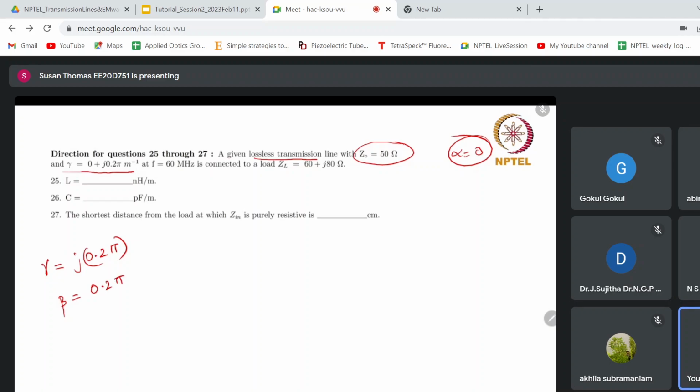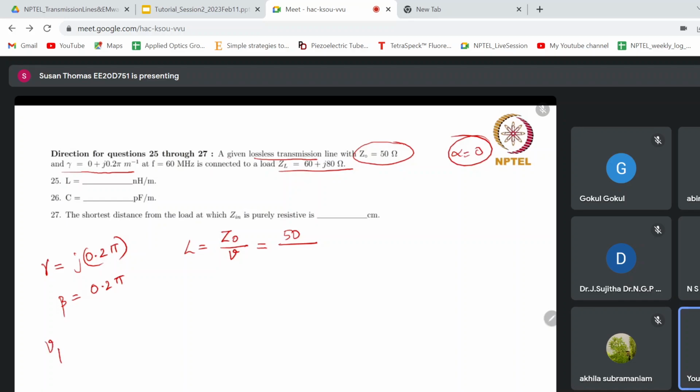And now ZL is also known to us. The question is L and C. So this is again a simple understanding. L will be Z0 by v. So Z0 is 50 by, what is v here?